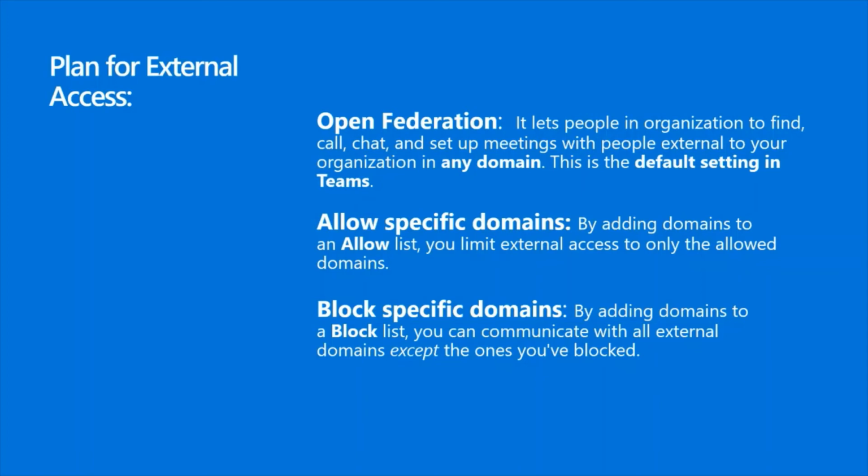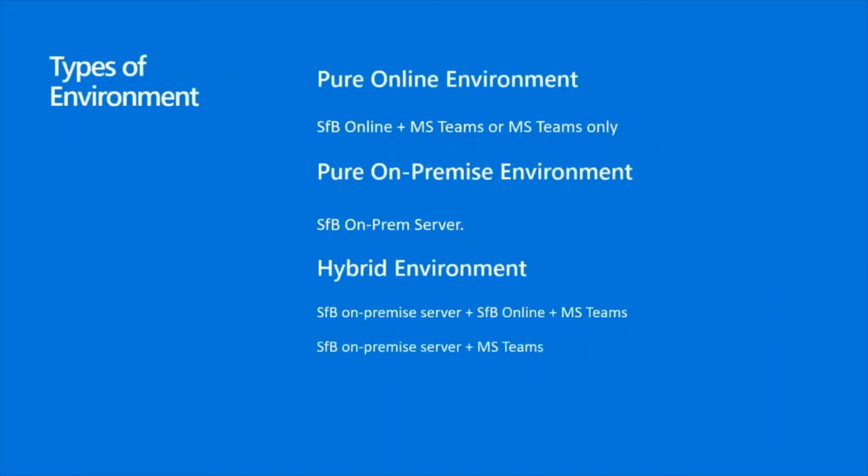Now we will be moving on to the next slide. In order to understand the external access, we need to have a basic idea of the type of environments that we can have. So one is pure online environment where you have Skype for Business Online with Microsoft Teams or Microsoft Teams only. Another is pure on-premise where you have your Skype for Business Server hosted on-premise.